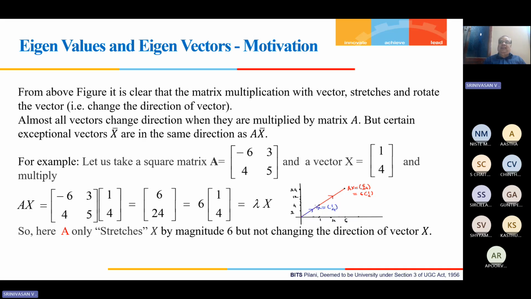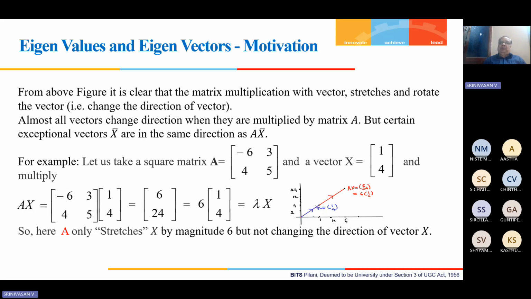So what's happening here? The direction is not changed. The original vector is the column vector [1, 4], and after multiplication with the given square matrix, it gets stretched, lengthened to the vector [6, 24], which is nothing but 6 times the given vector x.